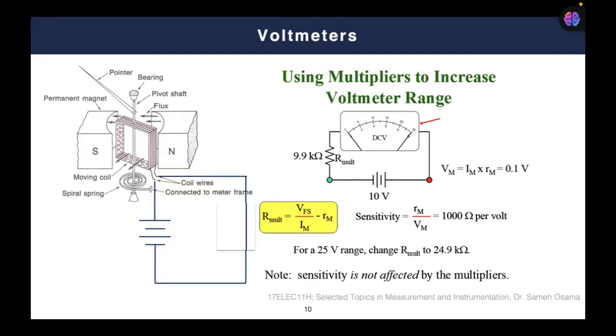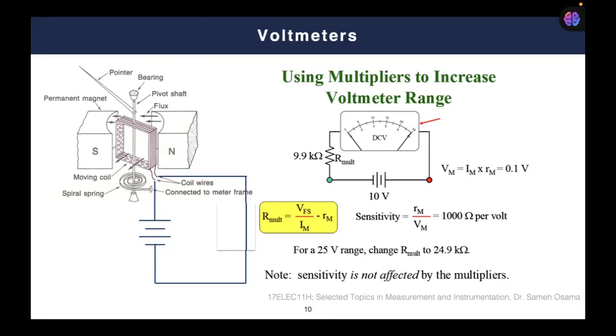In order to add it, it's very simple. You say, okay, I need a voltage of 24.9, and I need a resistance. Let's say, for example, that the current flowing is 1 milliampere. In this case, that's very easy. The resistance I need is the full scale range voltage I need, which is 24.9, over the current value, because it's the current in series here.